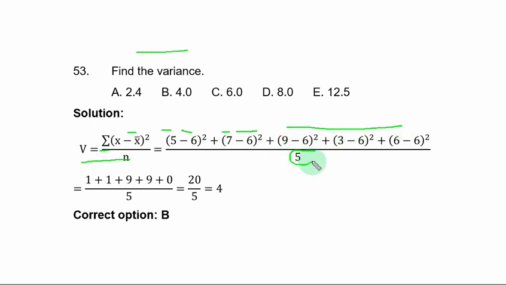You have 5 data points that made up that set. So if you subtract and square, you have this result over 5, and that is 20 over 5, you have 4. The variance is 4. The correct option is B.